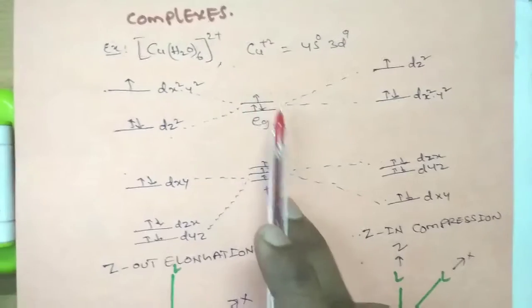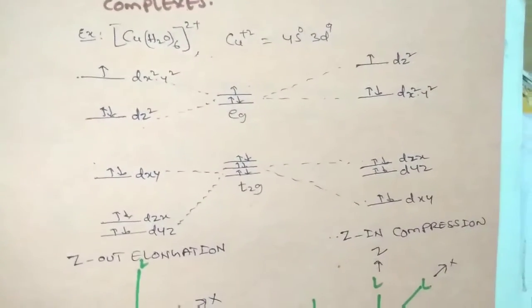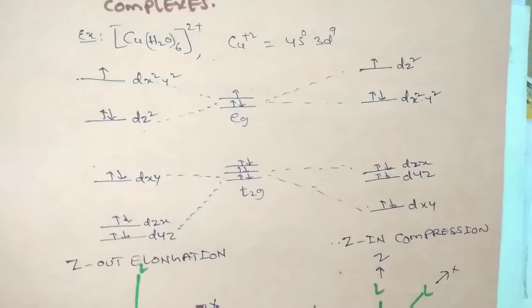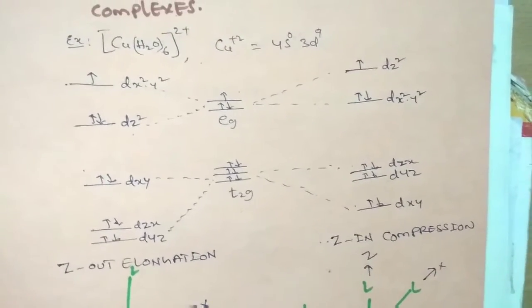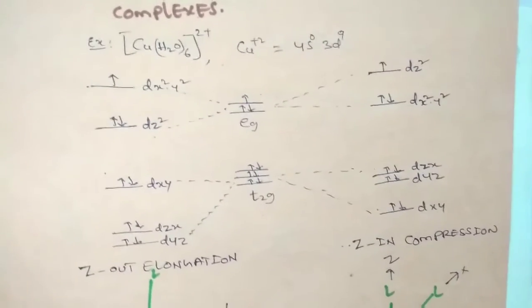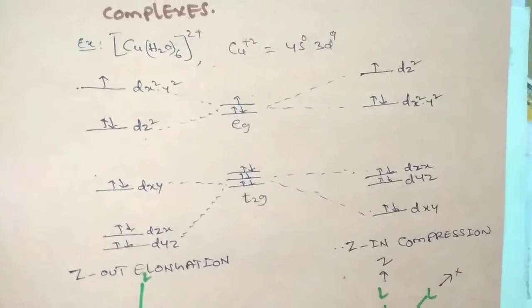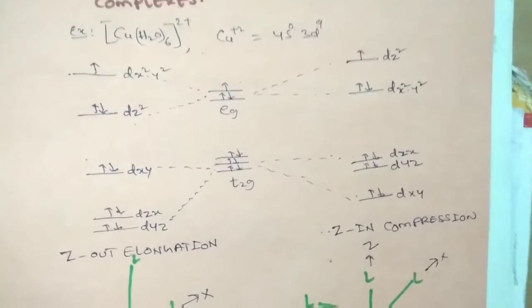If two electrons are present in the dz2 orbital and ligands are approaching along the z axis, they will experience more repulsions.